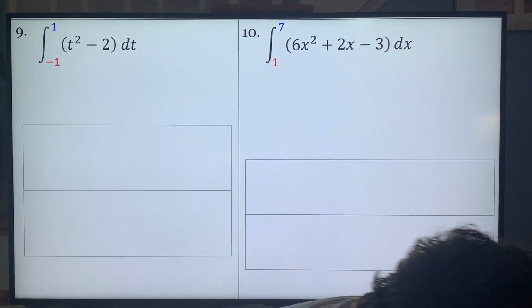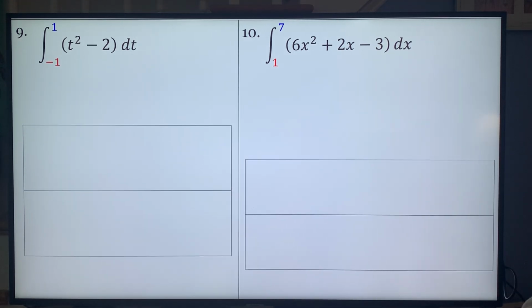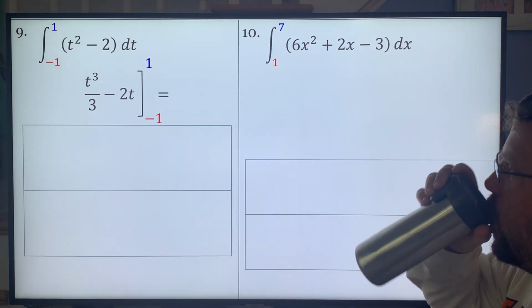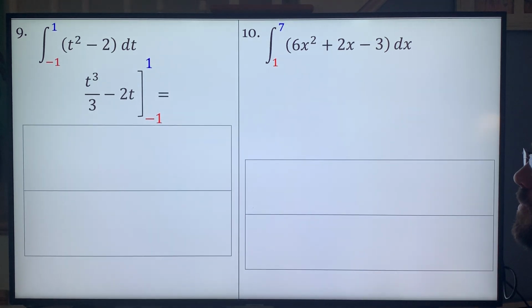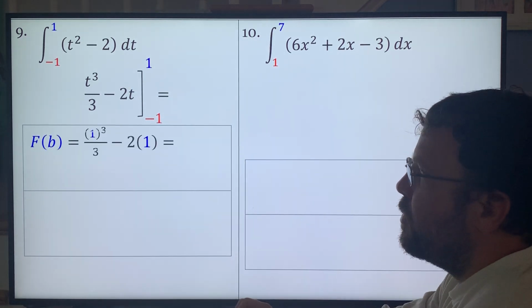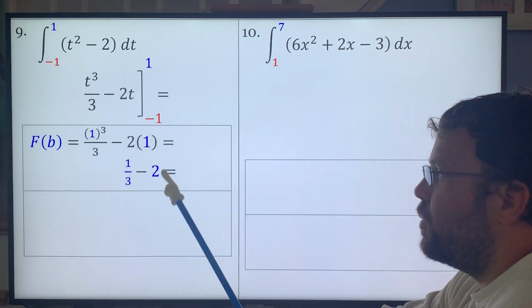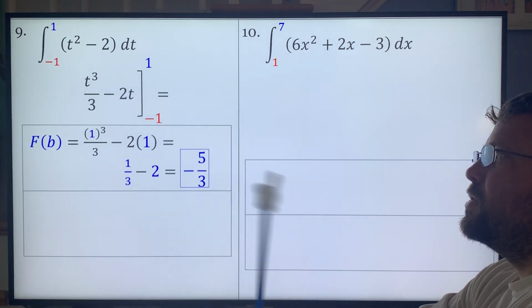All right, do 2 more problems. See, you're getting a lot of practice in here. And now we're going quick. All right, t cubed over 3 minus t squared from negative 1 to 1. Plug the 1 in. 1 over 3 minus 2. 1 over 3 minus 6 over 3 is negative 5/3.